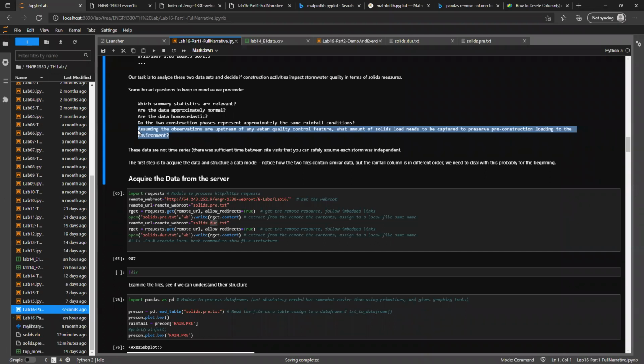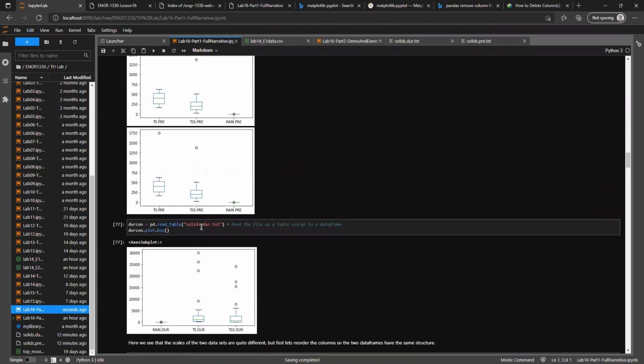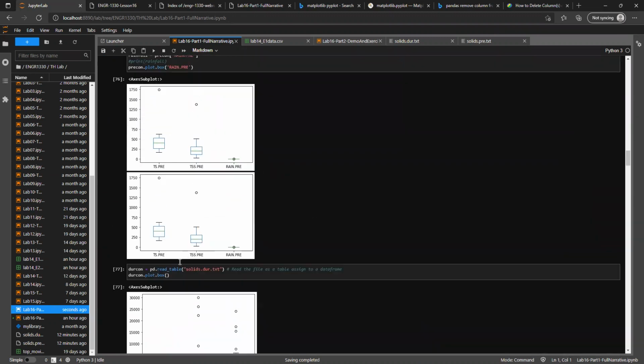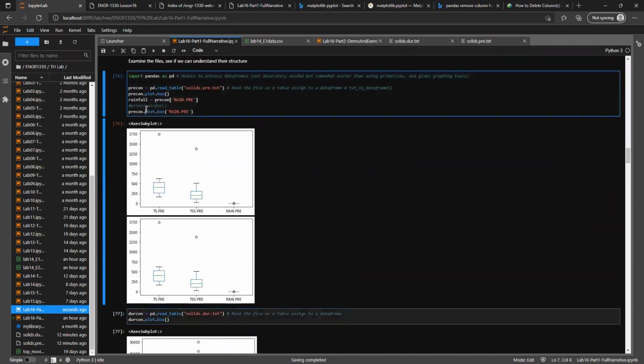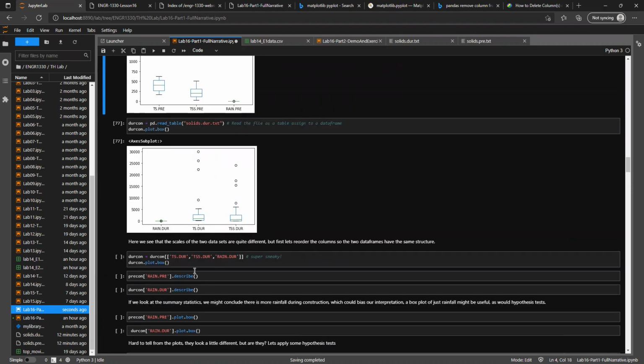Now, one thing we did want to talk about is, do the two construction phases represent approximately the same rainfall conditions? This is kind of what I was talking about. If I want to go wait until there's a hurricane, I can, and that's kind of cheating. So what we can do here is I can do this. Here.